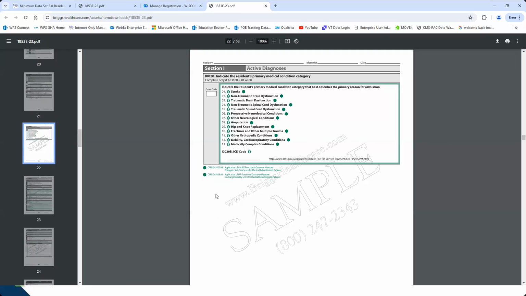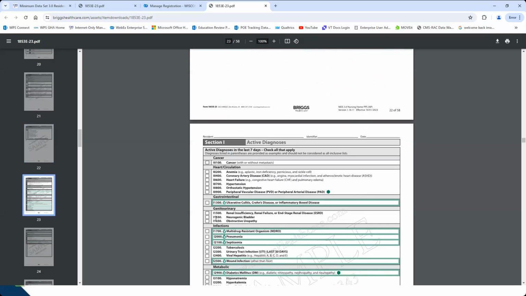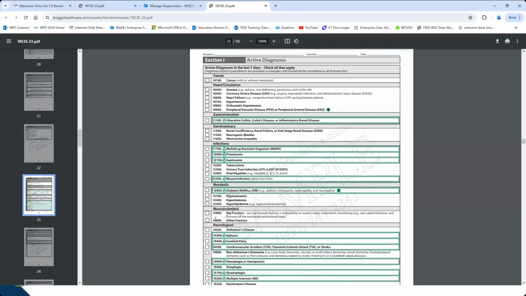That means these are main drivers. So this is your starting point, and this is where you choose the primary medical condition category that best describes the reason for admission.